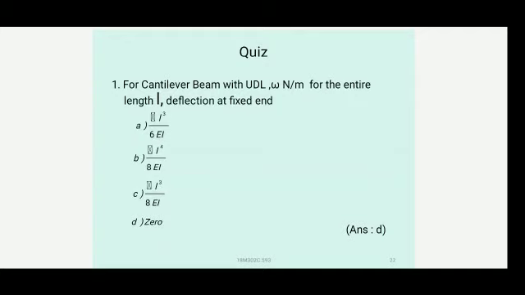B, WL to the power of 4 by 8EI. C, WL cube by 8EI. D, 0. The answer is D, the deflection at the fixed end is 0.